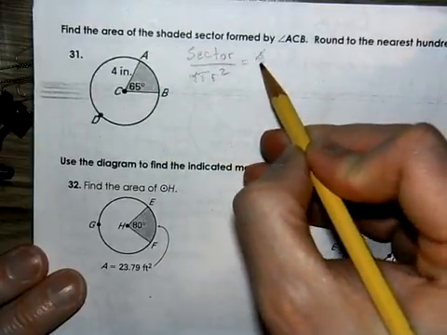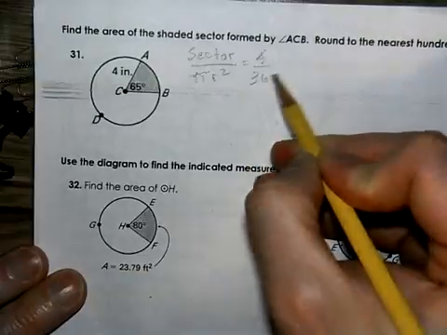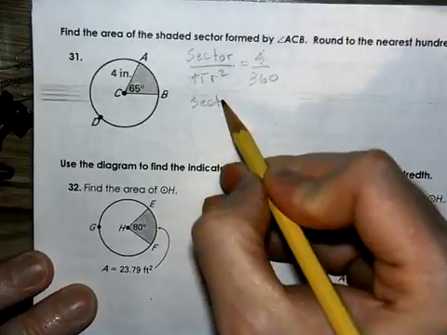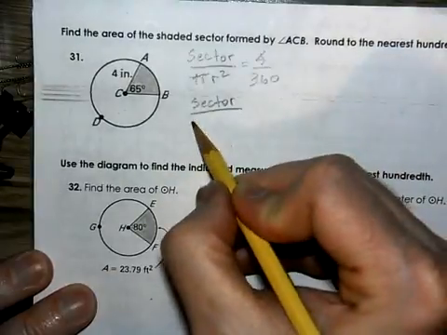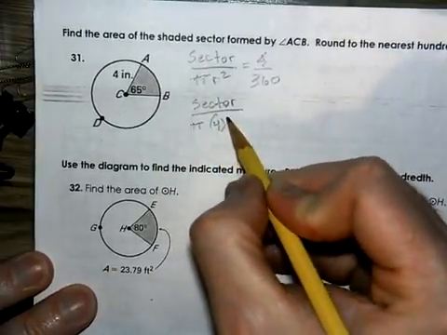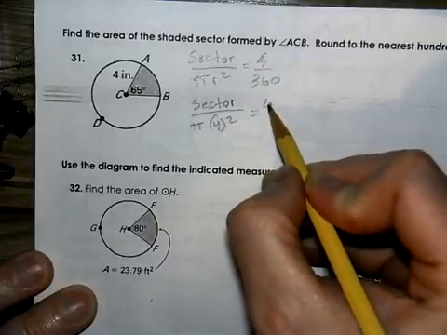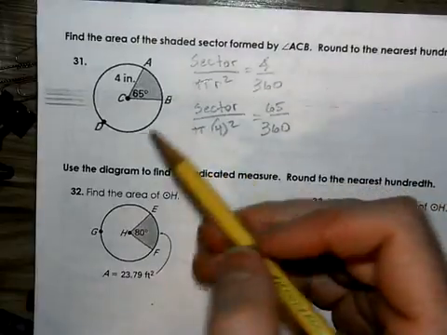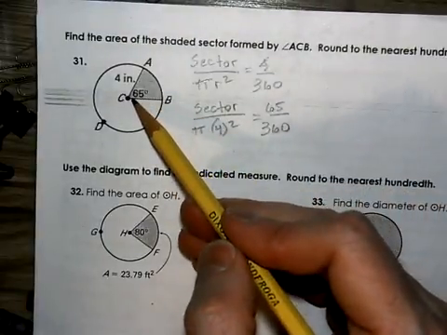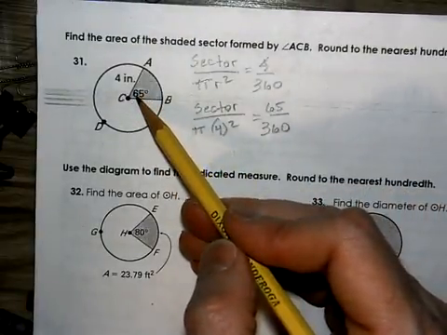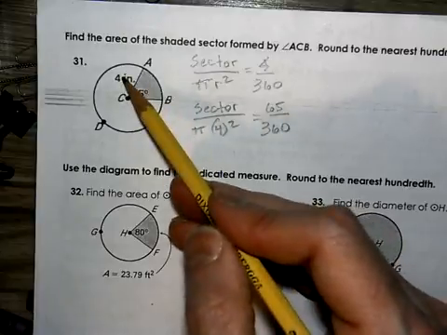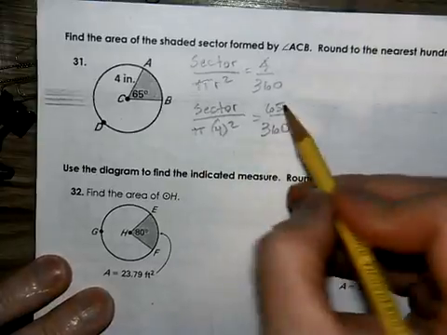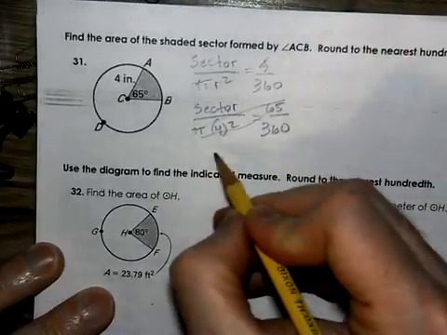The central angle over 360. So the sector area, we'll just write sector down, over pi r squared equals our angle, which is 65 over 360. So what it's saying is when you open up an angle to be 65, when your radius is 4, what's the area of your shaded region? We're going to cross multiply.